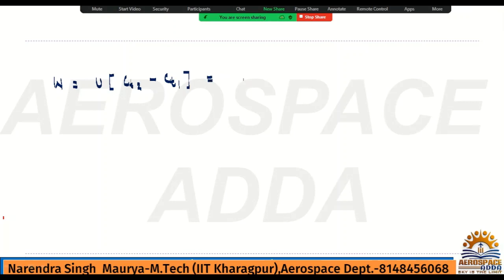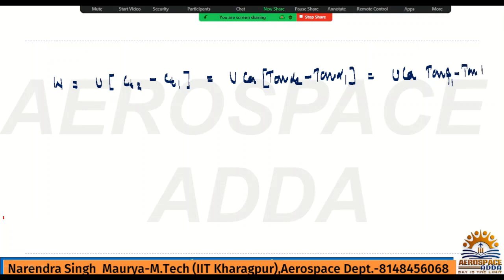Another formula is in terms of U CA, which is nothing but U CA (tan alpha 2 minus tan alpha 1), is equal to U CA (tan beta 1 minus tan beta 2). Okay, always remember this value.